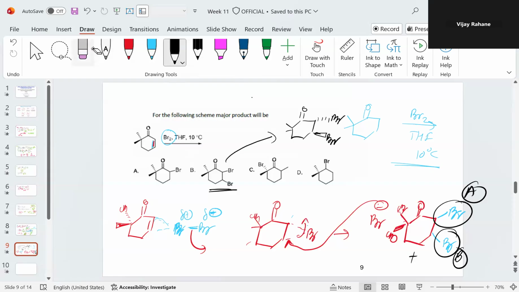And in the other case, bromine and this bromine. So basically, this is the combination of these two. So this is the product here.